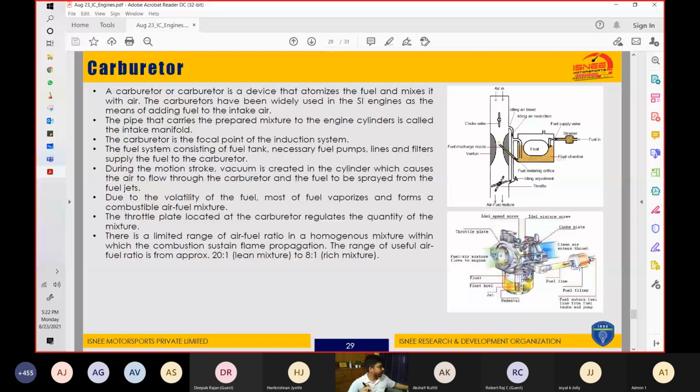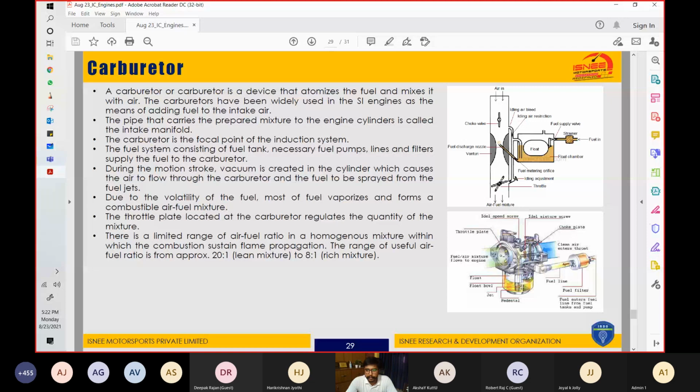Obviously there will be several fuel filters before the fuel reaches the carburetor, because the fuel might have particles, dust or other impurities that can choke the venturi or the orifice of the carburetor. It is a very fine orifice, and even if a dust particle comes in, it will choke the carburetor. So a carburetor is a device that atomizes the fuel and mixes it with air.